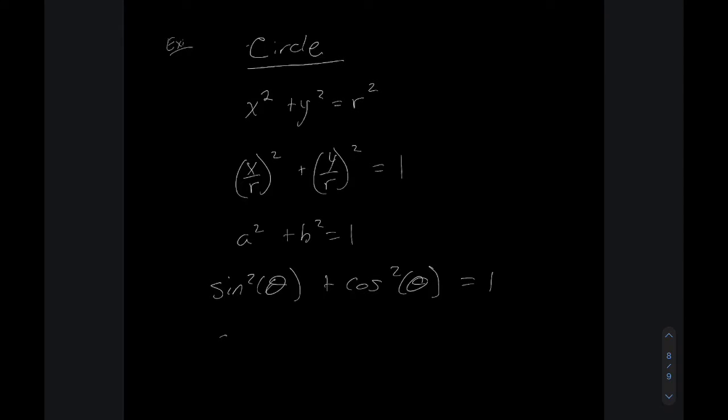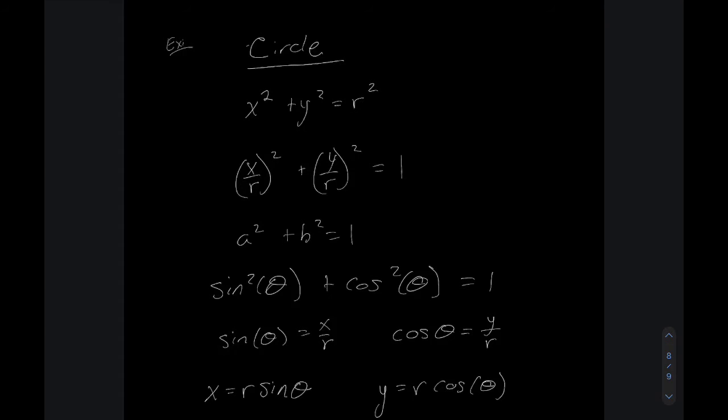So if we let sine of theta equal x over r, that tells us that x is equal to r sine of theta, and we can let cosine of theta equal y over r, so y equals r cosine theta.